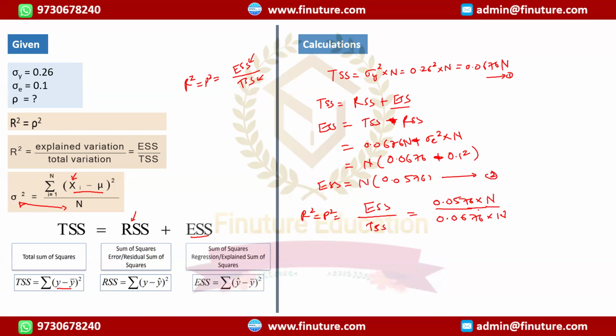So let's divide this: 0.0576 divided by 0.0676. That's coming around 0.8520. But be careful, this is R square, which is correlation square, which is equal to 0.852071.